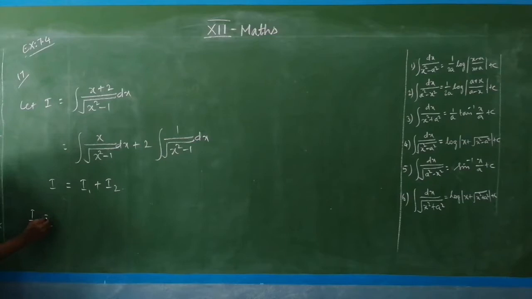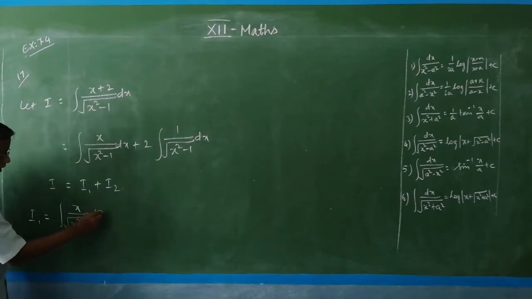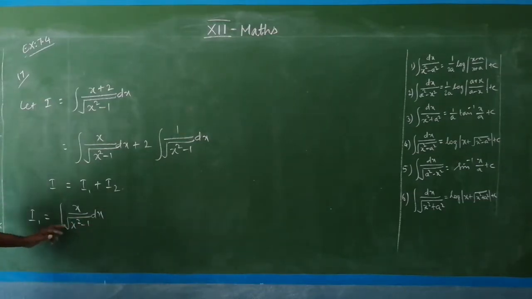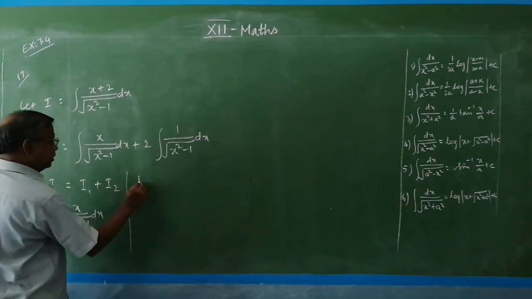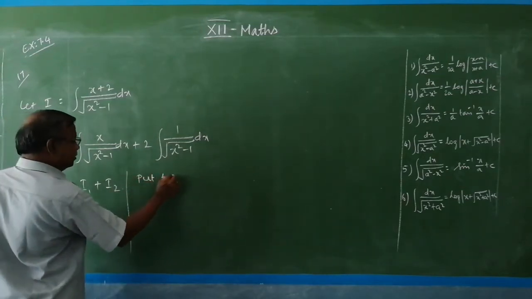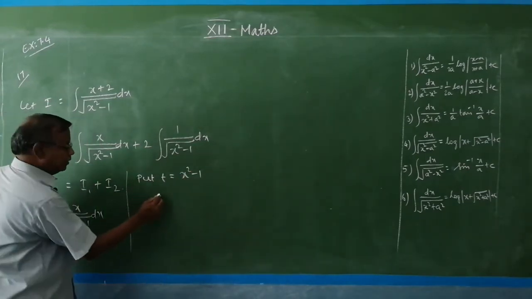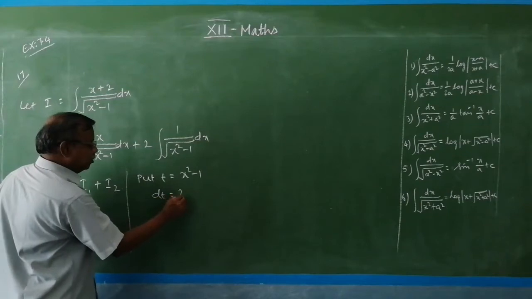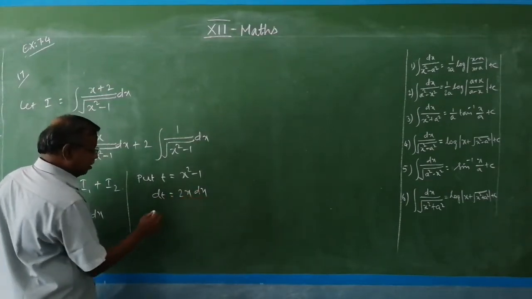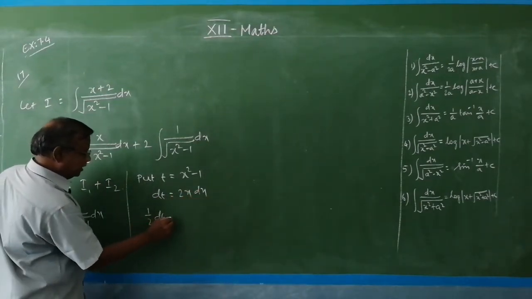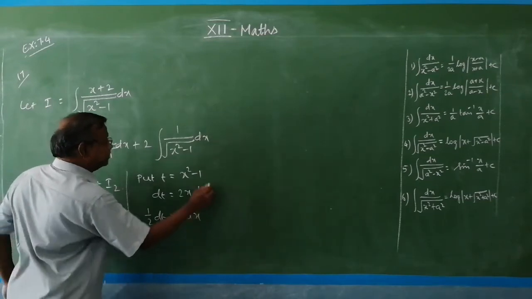Now I1 equal to integral x by root of (x square minus 1) into dx. The derivative of the denominator gives the numerator. So put t equal to x square minus 1. Differentiating, dt equal to 2x into dx, or 1 by 2 into dt equal to x into dx.